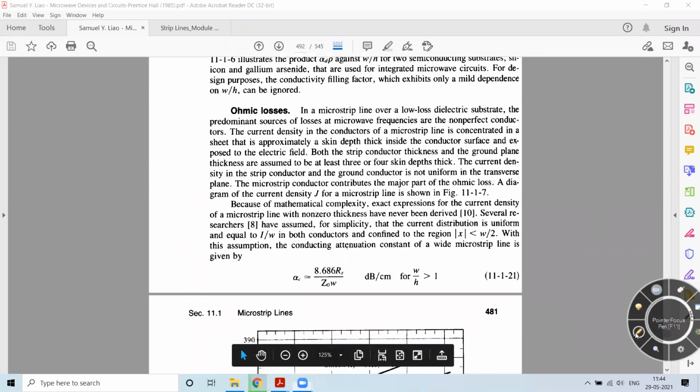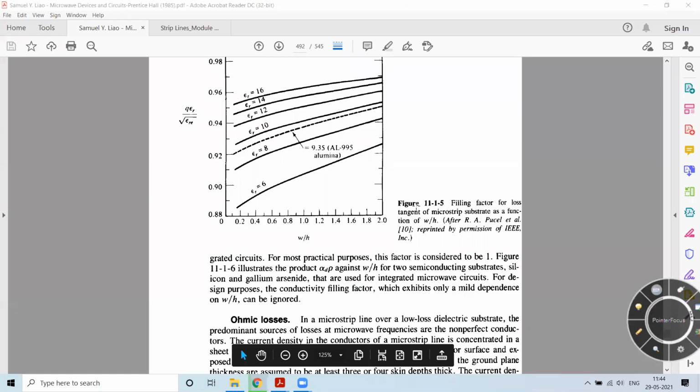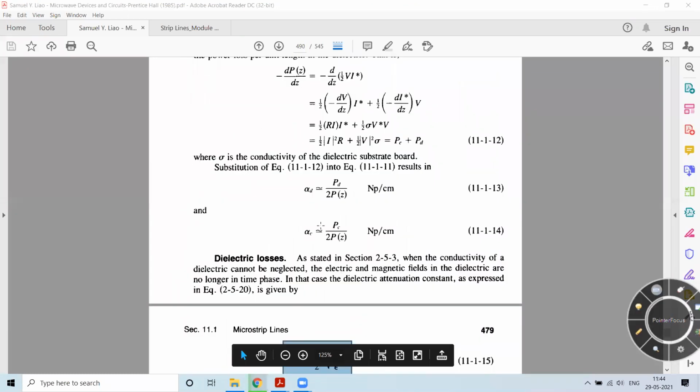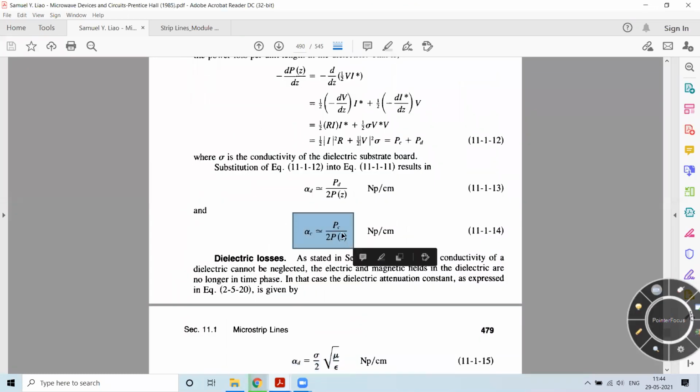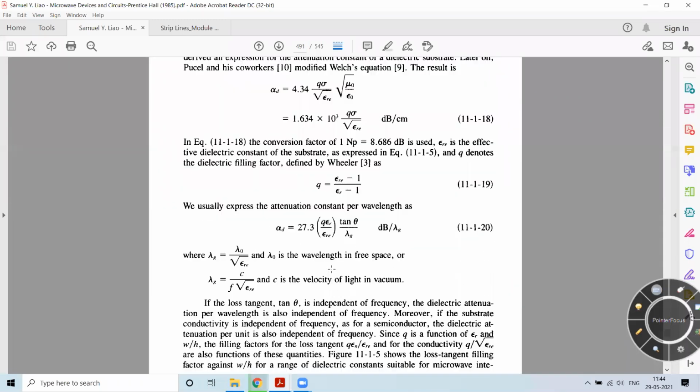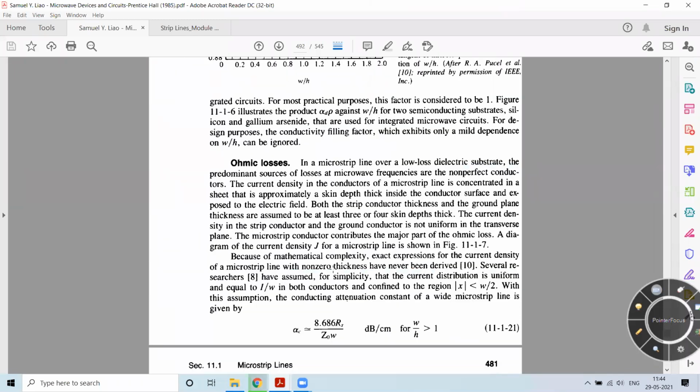So then what about the ohmic losses? Previously you saw that the ohmic losses were specified in terms of the conductor losses, that is, in terms of the power. Now when we are considering the electric and magnetic fields, we have to deal with the discontinuities and the boundary conditions, and when boundary conditions come into play, we have to deal with conducting materials.